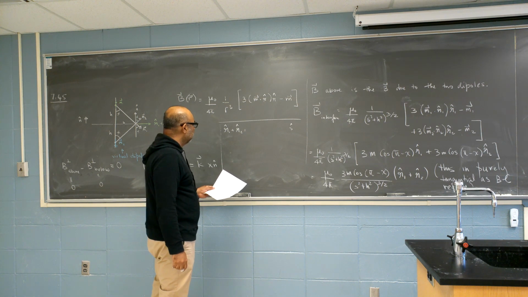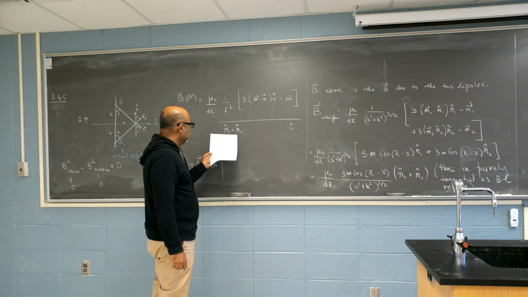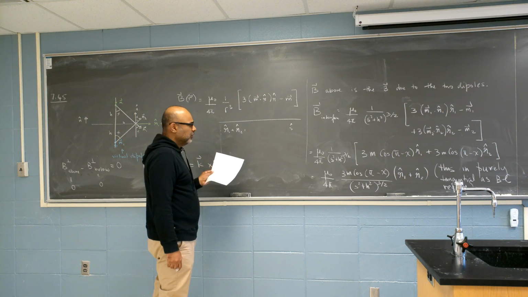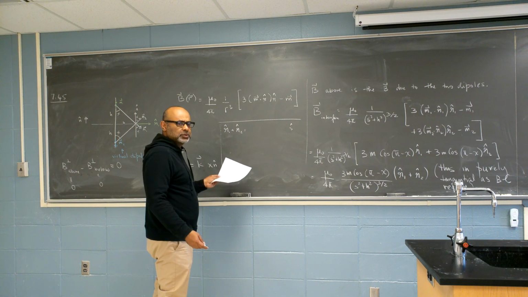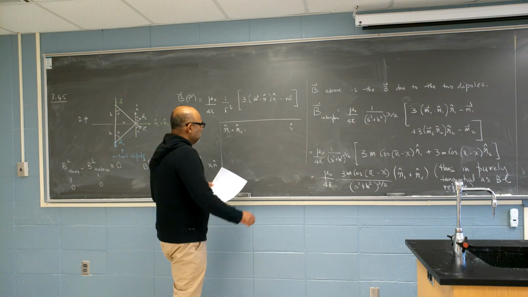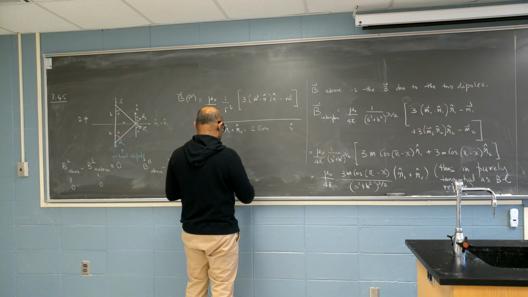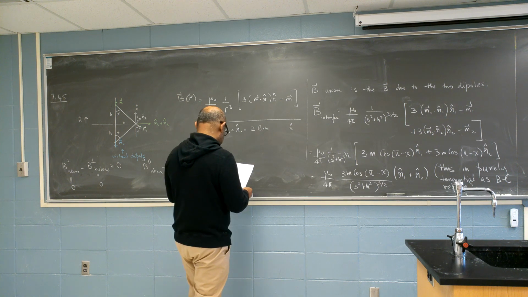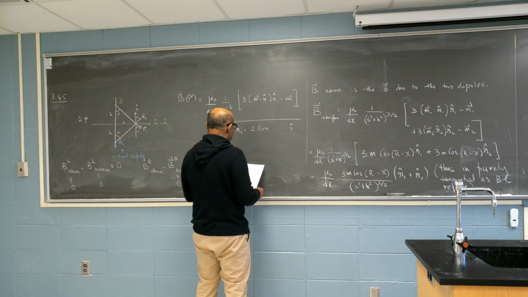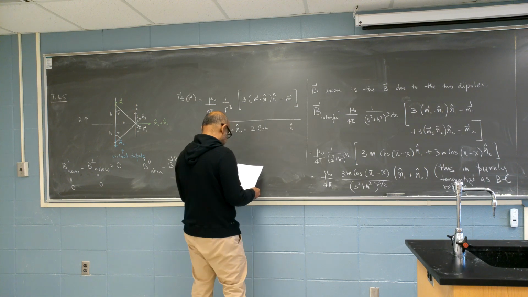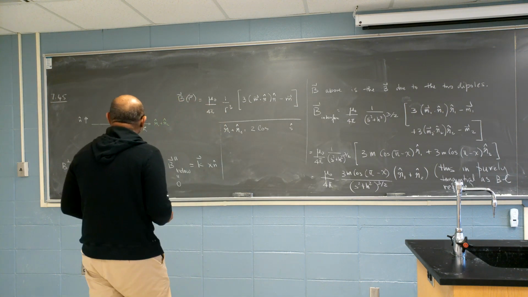So it's 2 times the magnitude of R1 and R2 times cosine of the angle between them. So 2 times cosine chi, yeah. Nope. Why do I have sine chi? It is sine chi.